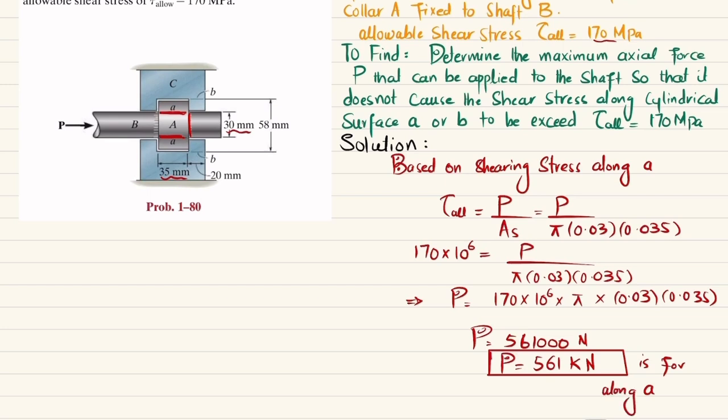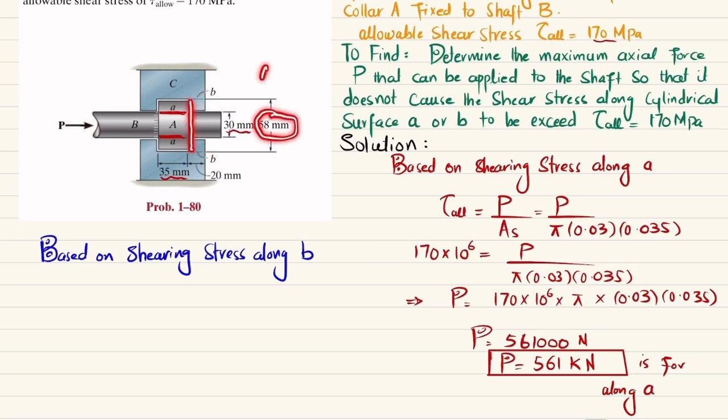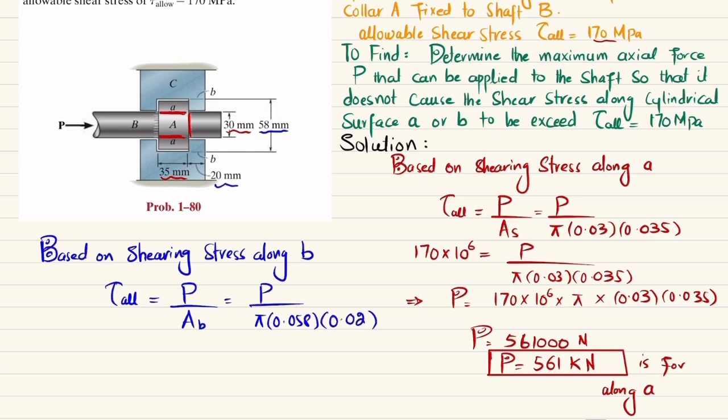Now we will calculate this P force based on shearing stress along B. You can see this is B, and here it may cause shearing due to this load. These 2 points may shear. This is also a cylindrical surface. You can see this diameter is 58 millimeter. So pi into D, its diameter, multiplied by its thickness, which is 20 millimeter, will give you the area. So I can write tau allowable is equal to P divided by area of B. Shearing area will be equal to pi into D, which is 58 millimeter, in meter 0.058, and thickness is 20 millimeter, so 0.02 meter.